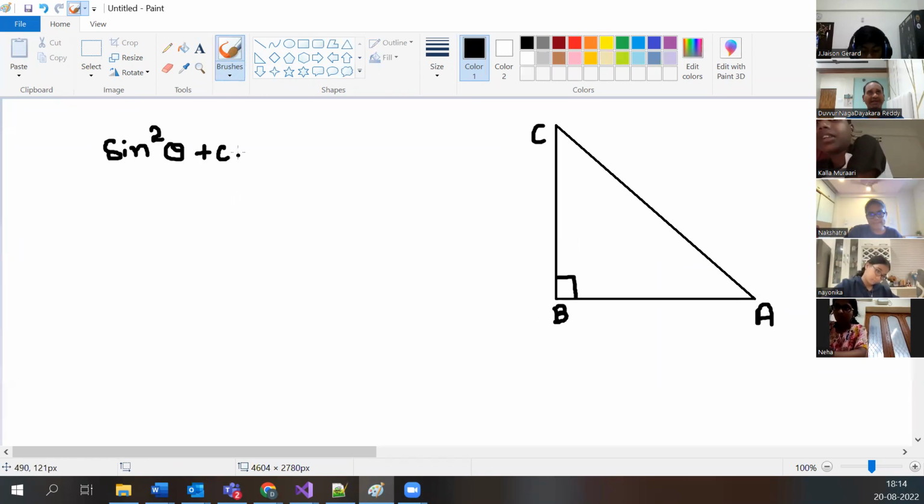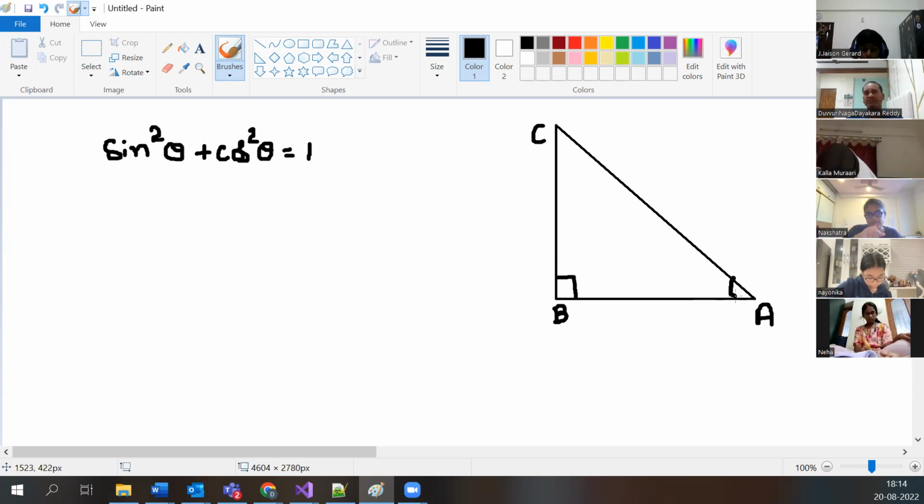This is an important identity because we often use it. Let us assume this is theta here. Again, this will become the opposite side, this the adjacent side, and this the hypotenuse.